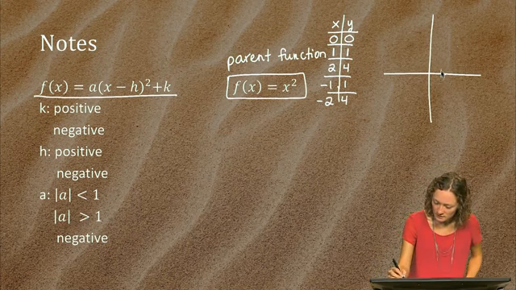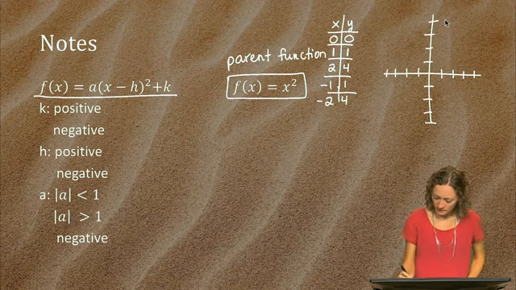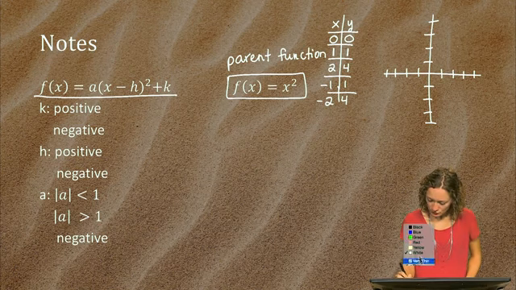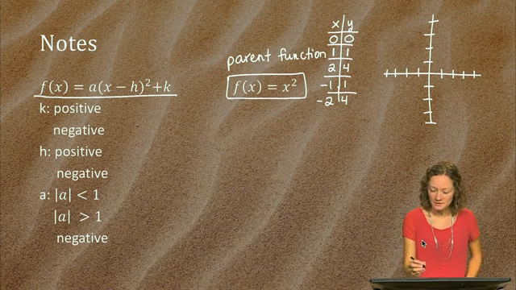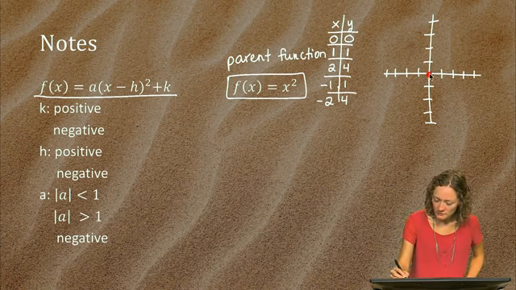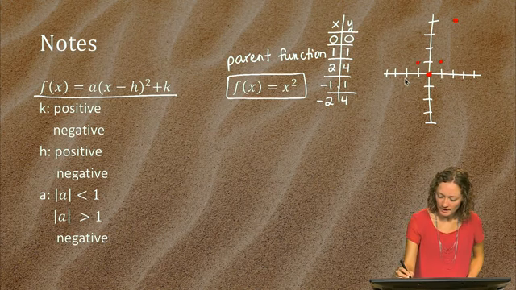Let's draw some tick marks for ourselves. Let's go with red. All right, so let's plot these ordered pairs. We have 0, 0. We have 1, 1. We have 2, 4, -1, 1, and -2, 4.